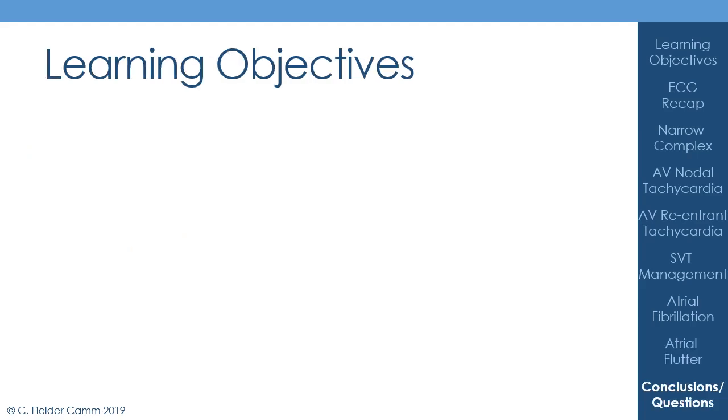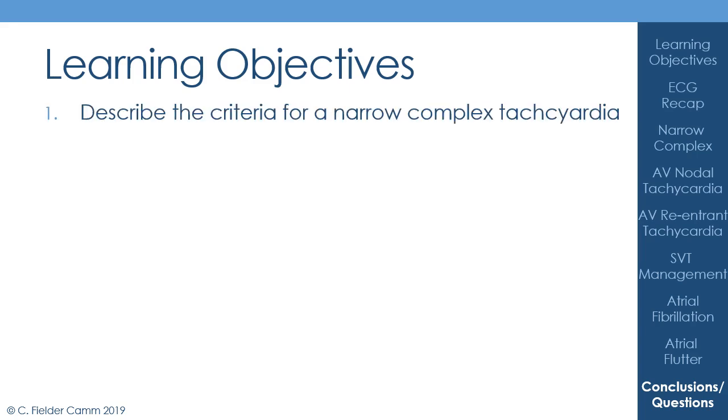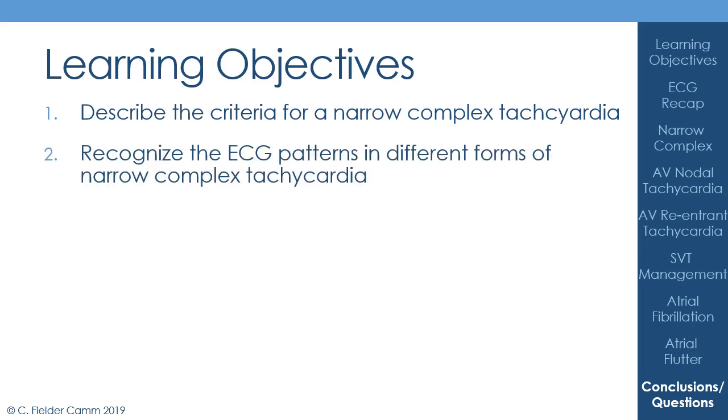Okay, so we've reached the end of the lecture now, so let's just go through the learning objectives to make sure we've covered everything. I appreciate it's been a particularly long lecture, this one, but hopefully you feel we've got some good content under our belts. So we've described the criteria for a narrow complex tachycardia. So broadly and simply, it's a heart rate greater than 100 beats a minute with a QRS complex less than 120 milliseconds.